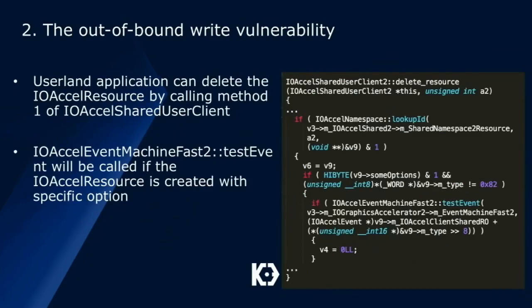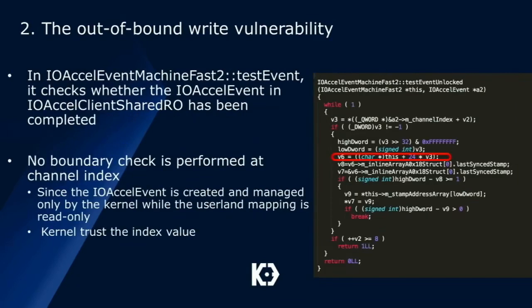And the user application can also delete the created I/O axial resource by calling method 1 in I/O axial shared user client. After that, the test event function will be reached. This function simply checks if each I/O axial event object in I/O axial client shared RO is complete or not.